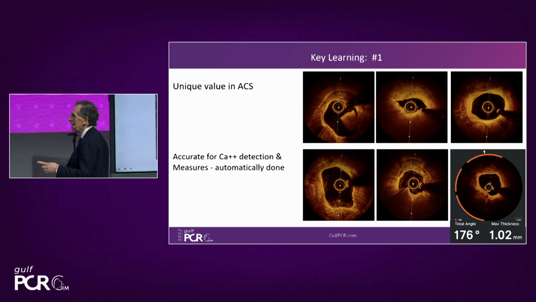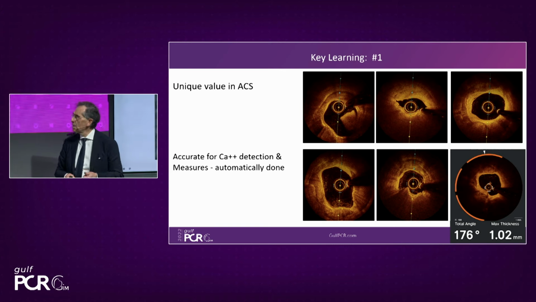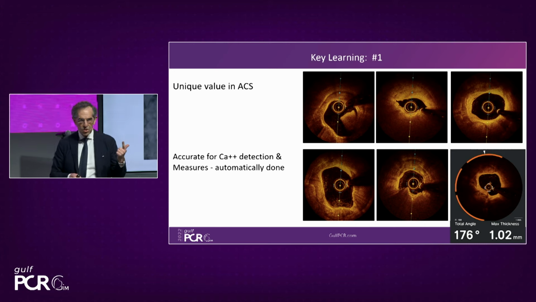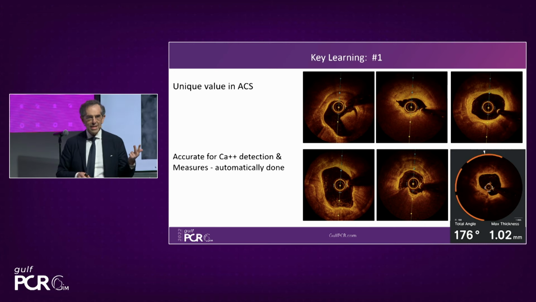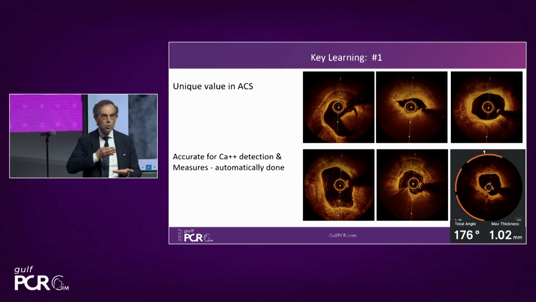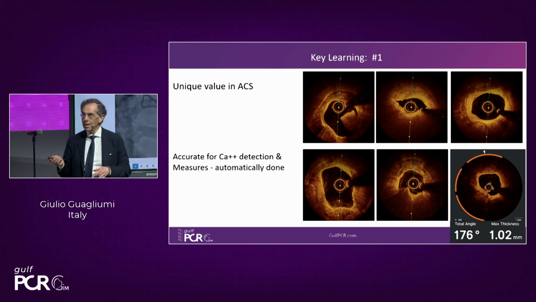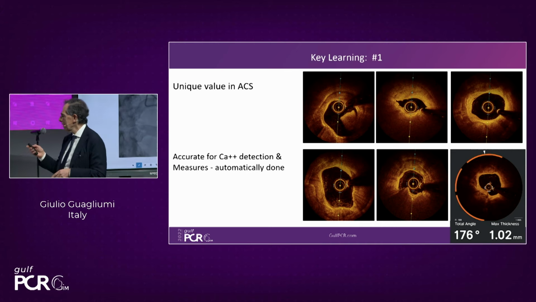Below we say that a second message is that it is very accurate for calcium detection and measurement. In addition, by using this new technology, you can automatically measure the calcium and display it section by section online at the end of your pullback.